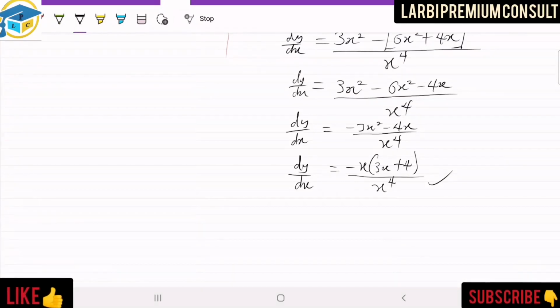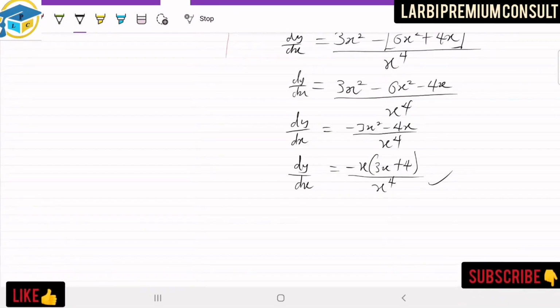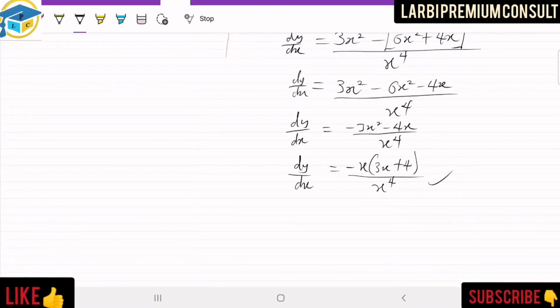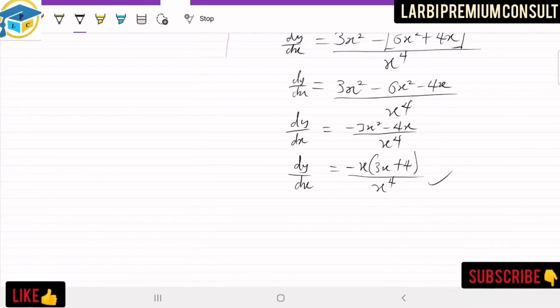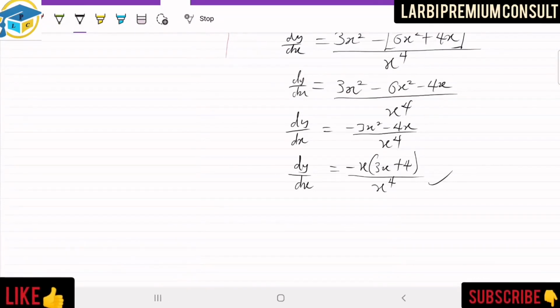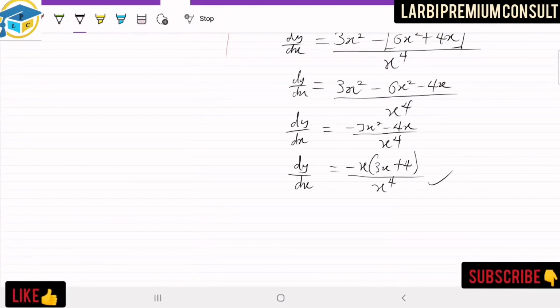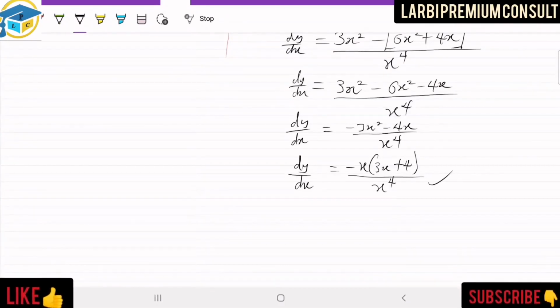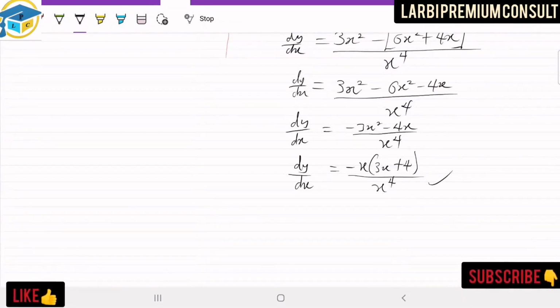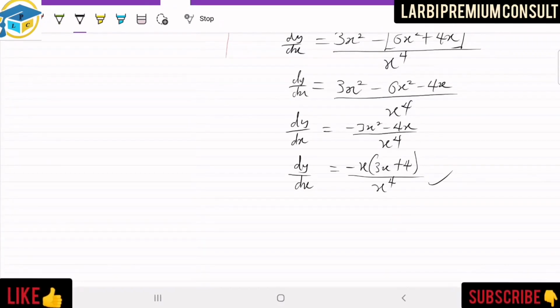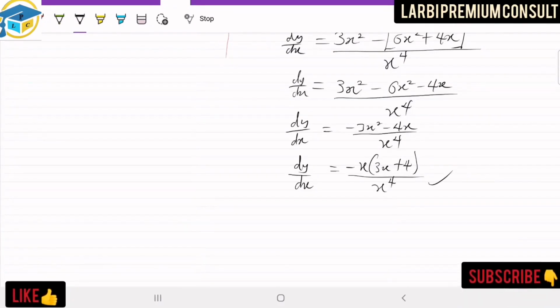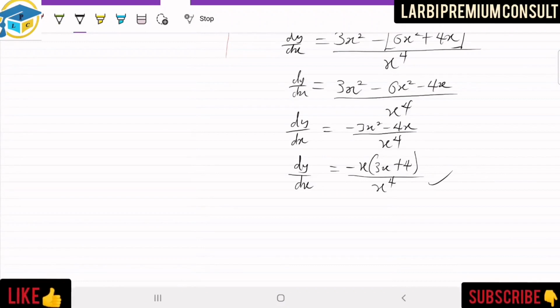Remember that you're going to apply the quotient rule, but the individual rules like the logarithm rule of differentiation and the exponential rule will still apply. So you don't take them for granted. You must take cognizance of these rules when you are applying them in the quotient rule or the product rule. Hope that is clear.